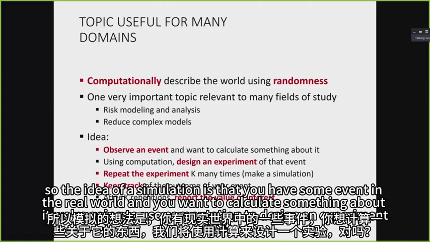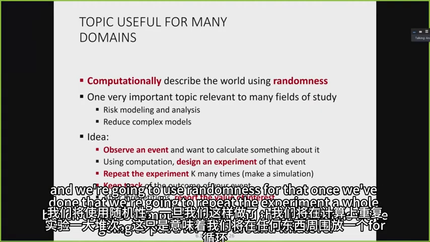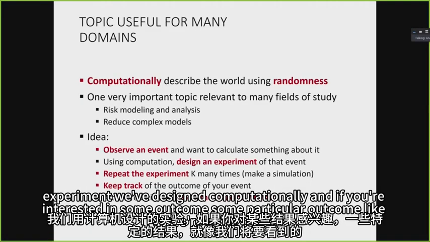We're going to use computation to design an experiment, and we're going to use randomness for that. Once we've done that, we're going to repeat the experiment a whole bunch of times, computationally. That just means we're going to put a for loop around whatever experiment we've designed.